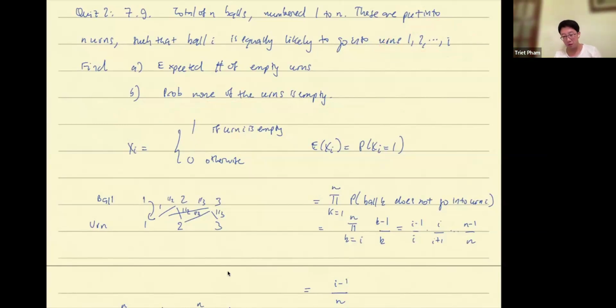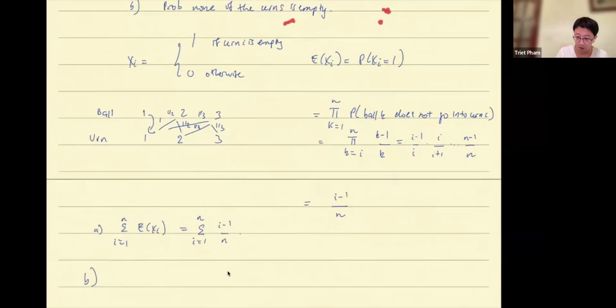For example, if none of the urns is empty, that means the last urn, urn n, is also not empty. But how could the last urn be not empty?